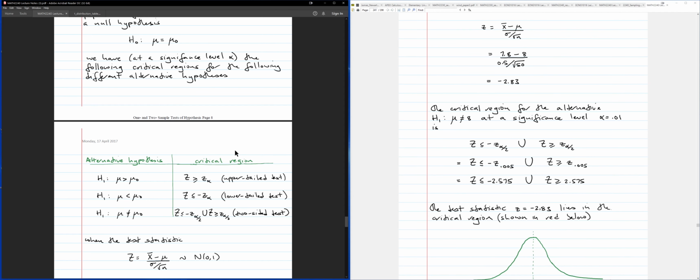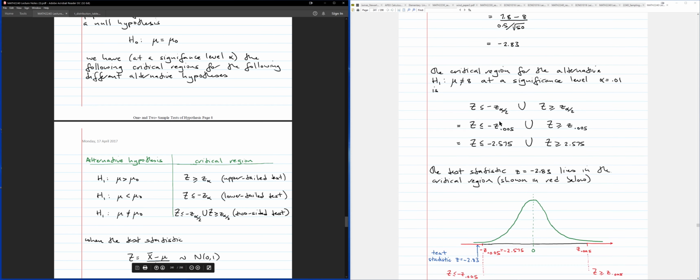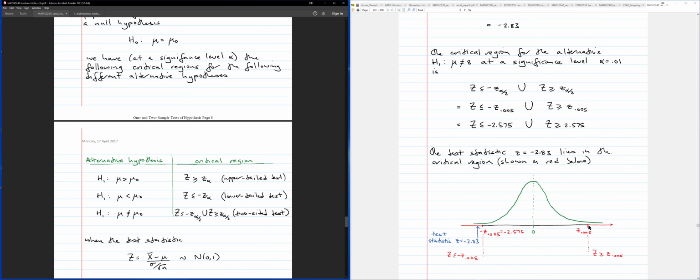All right, so a couple of things that I needed to work out the problem would be, first of all, your test statistic, right, which we worked out already, which is the minus 2.83. And then we also need the critical region in this case, which would be two-sided, right? Okay, and the critical region is, according to your formula over here, Z bigger than Z alpha on 2, which is this interval here together with the corresponding interval on the left hand side, which is Z less than or equal to minus Z alpha on 2, right?